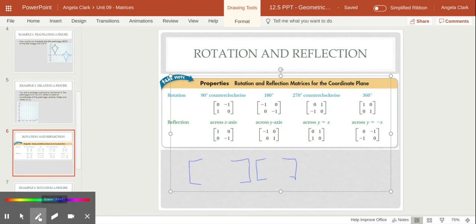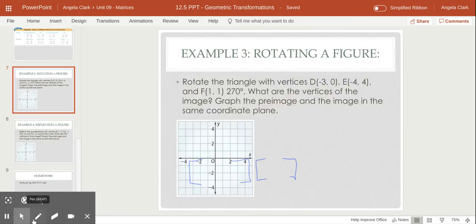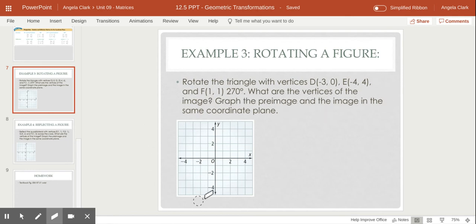So let's do some examples. Hopefully this will make a little bit more sense. First of all, I need to erase this. It says rotate the triangle with these vertices 270 degrees. We're going to find the vertices of the image, and we're going to graph both the pre-image and the image on this plane.